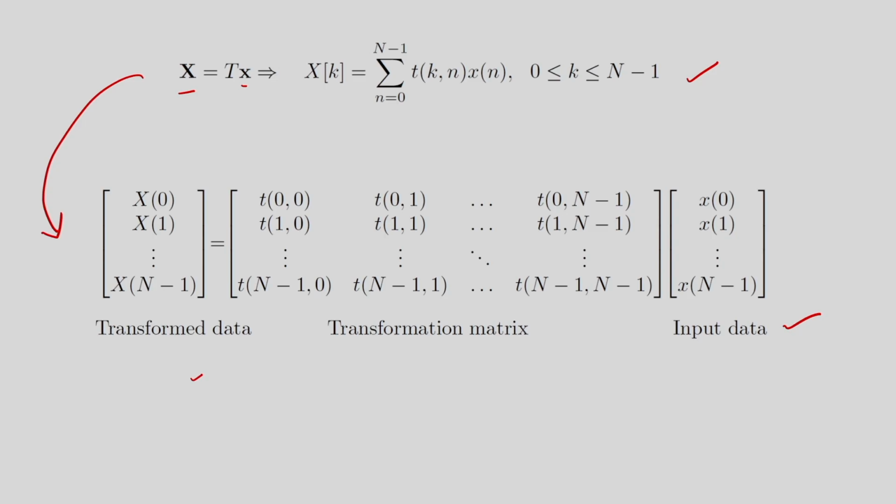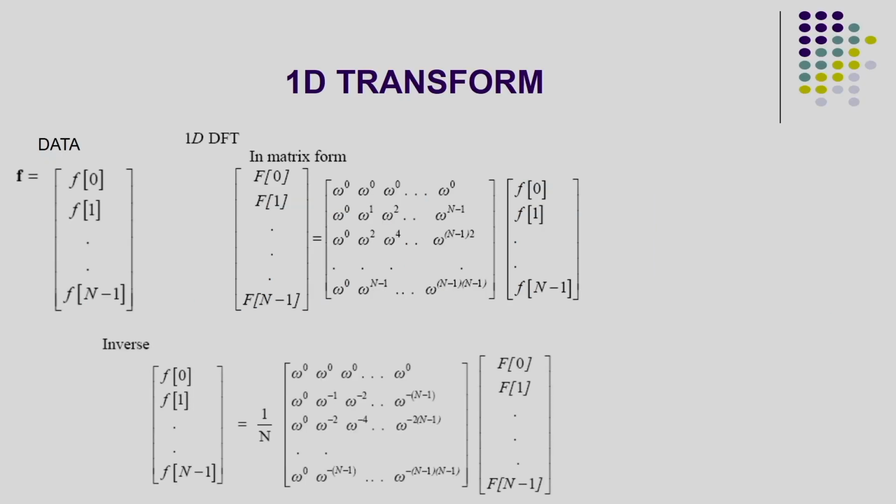Small x0, x1, up to xn minus 1 is the input data, and capital X0, X1, up to Xn minus 1 is the transform data.